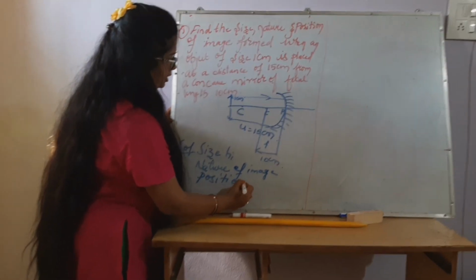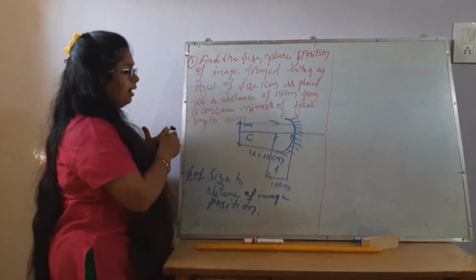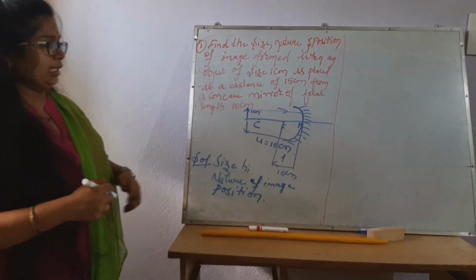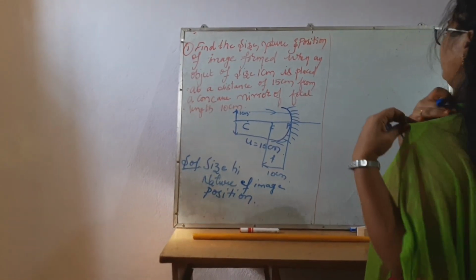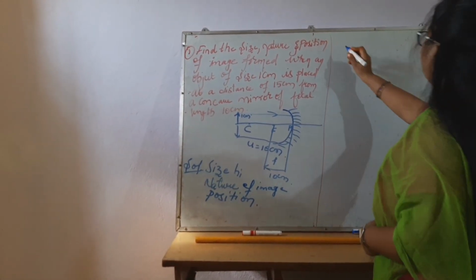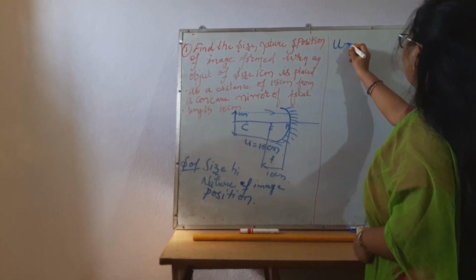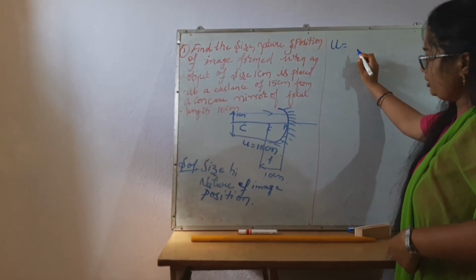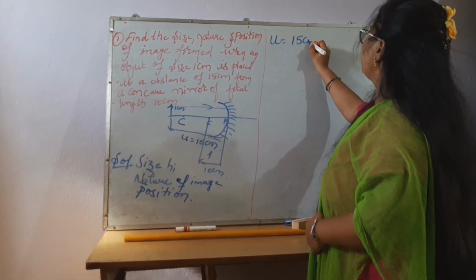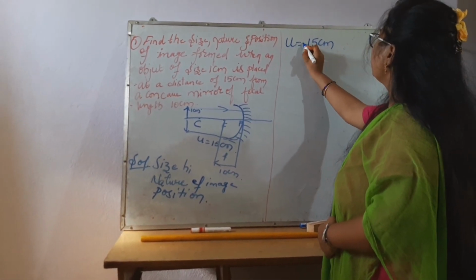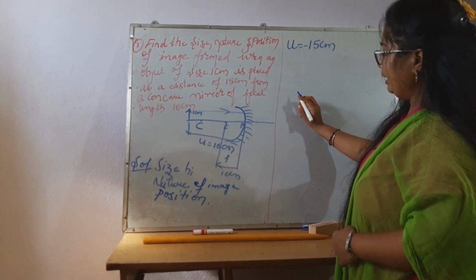What is the nature of the image, and where the image is placed, the position of the image. So first, what are the things available with us? You need to write the values. u is equal to 15 centimeters, but here you are supposed to use your sign convention, so minus.